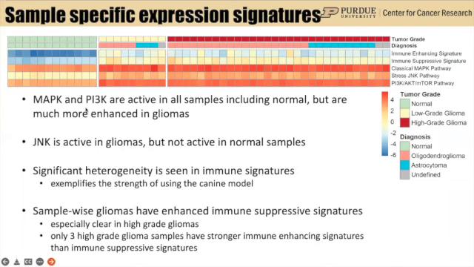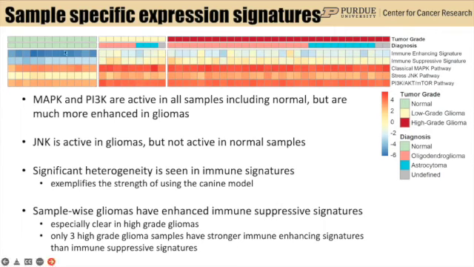And what we can see here is that each column is a different sample, and each row is the gene expression signature in that sample, showing a normalized enrichment score. Basically, red or orange would be a highly expressed or highly activated score, and blue would be a suppressed, or negatively enriched, score.